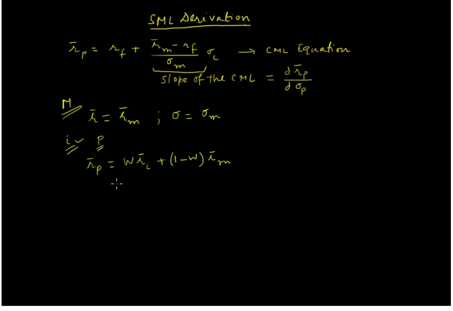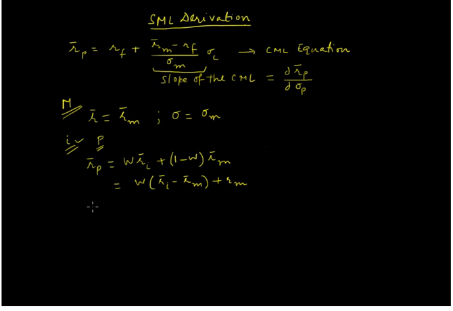If we simplify this, we are going to get W times (RI bar minus RM bar) plus RM bar. We have worked with a similar equation when we were deriving the CML equation.